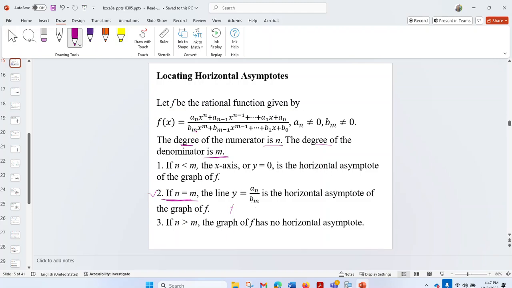Then you can use this one to match the fourth one and the third one. What I mean is, you don't have to remember all these different scenarios. You only need to remember the second one. Let me show you how this works. You don't have to remember the rest of them.